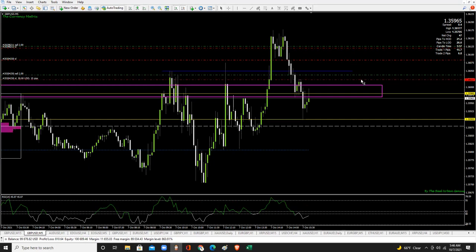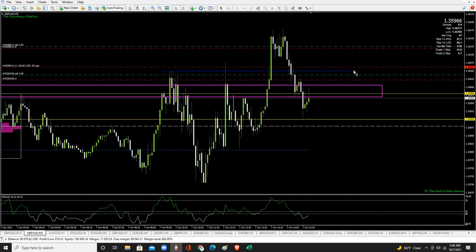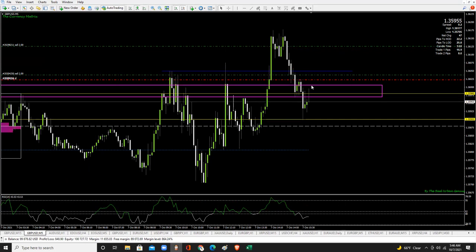So what I'm doing here is moving my stops in profit, just to protect the risk from a potential retrace. Although based on the patterns in the cycle and everything, we're still falling, that's just a risk management technique.